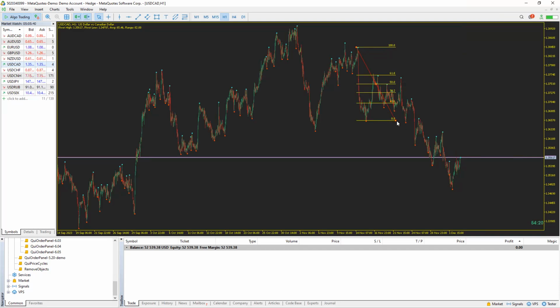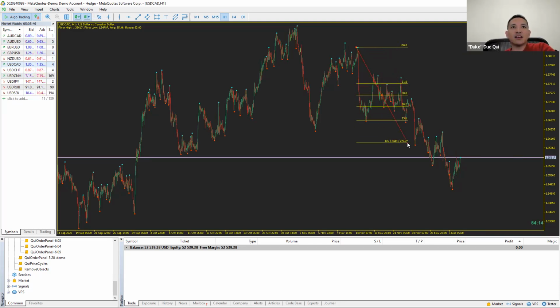And what happened? It starts making a lower low. So the way the fib works, stretch it to the last one. Look at this, 23, bounced. See that? The other way to do the fib is this, an expansion.